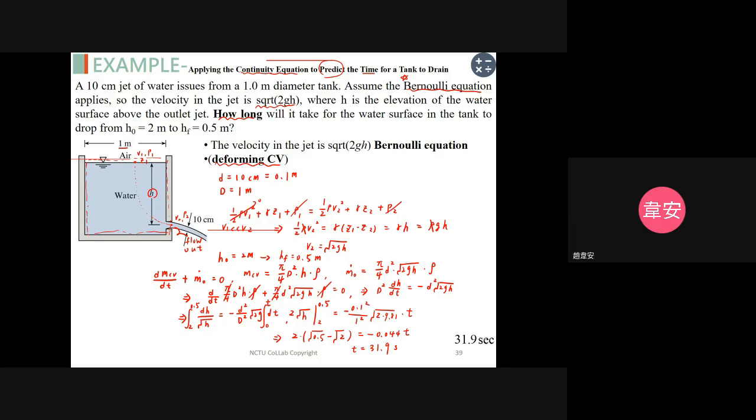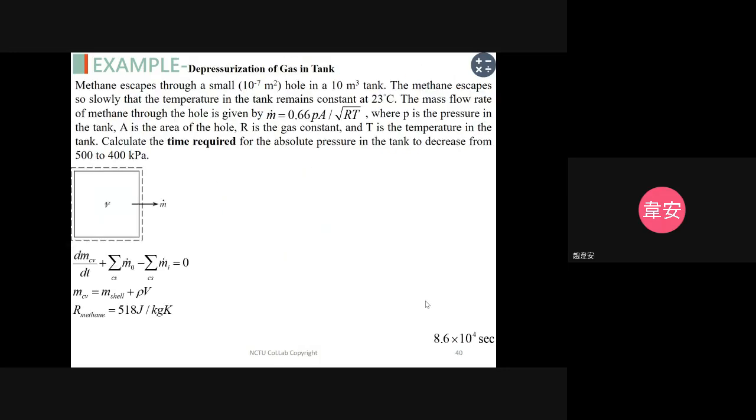You just apply the continuity equation and make the balance, so finally you can solve for t. So this is our final exercise today. For the next class, I will keep going with different problems, but they are also based on the continuity equation.